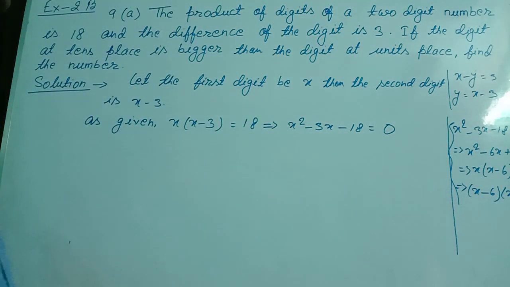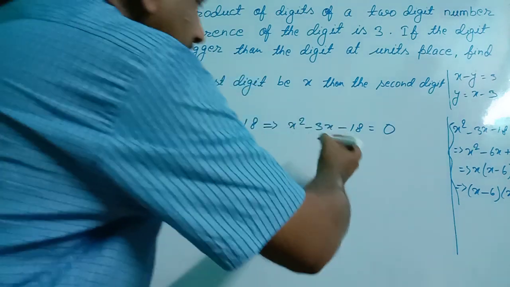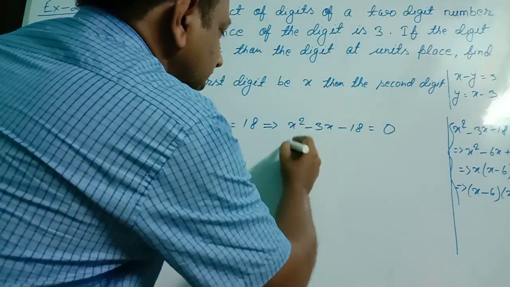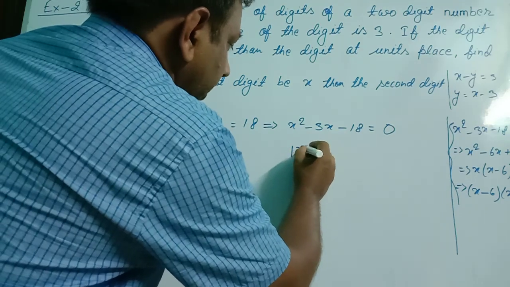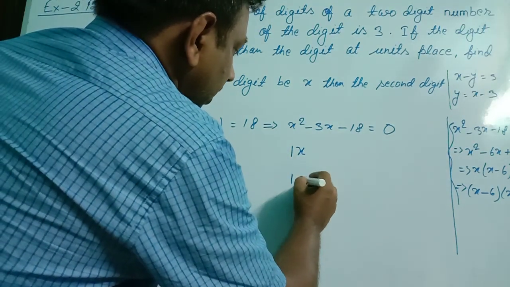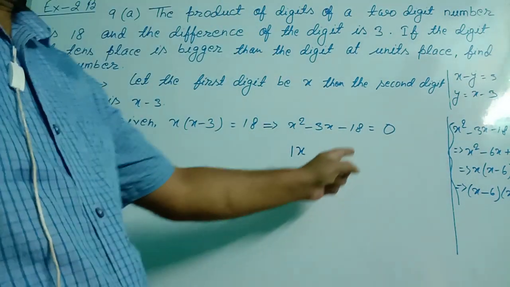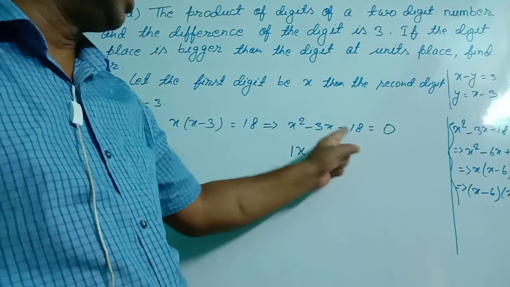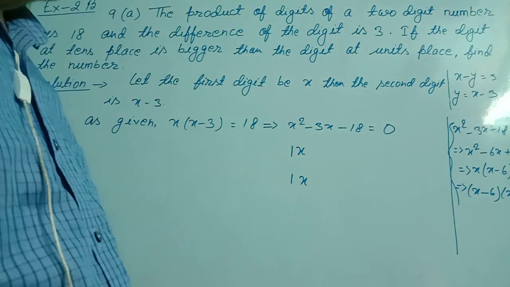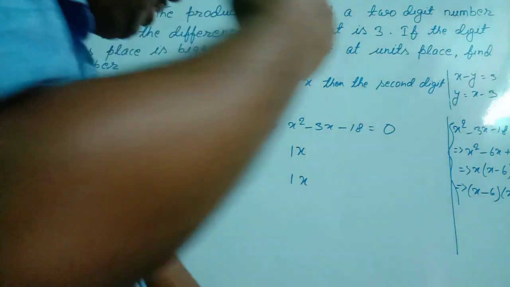And the new trick says, what will you do for that? Here you write the coefficient of x square twice: 1x, here also 1x. Now you split this 18, their sum or difference should be equal to 3. 6 into 3 is 18, we can write.